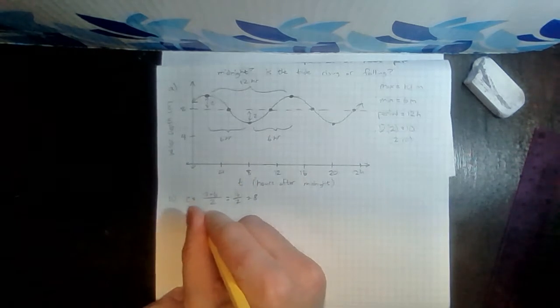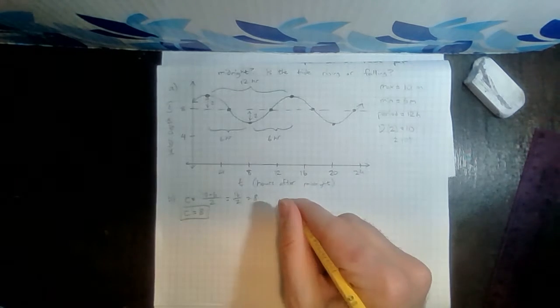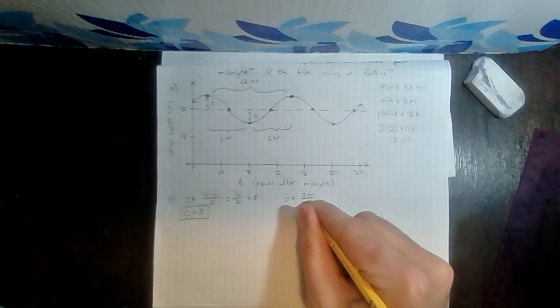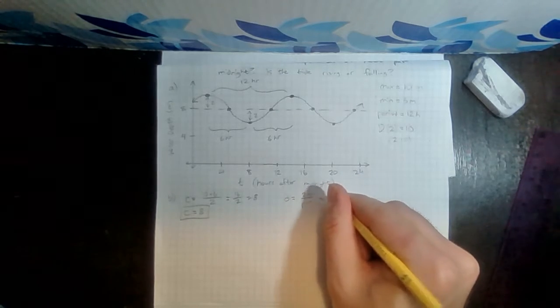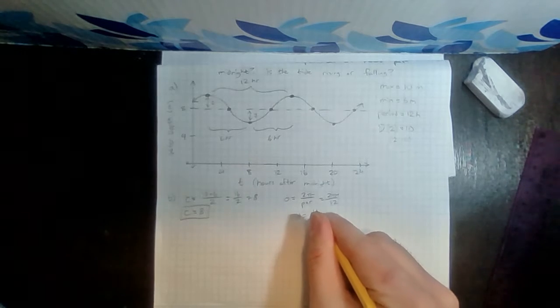So c equals 8. Our d value was coming from 2 pi divided by our period. So our period is 12 hours. So 2 pi over 12 simplifies to pi over 6.